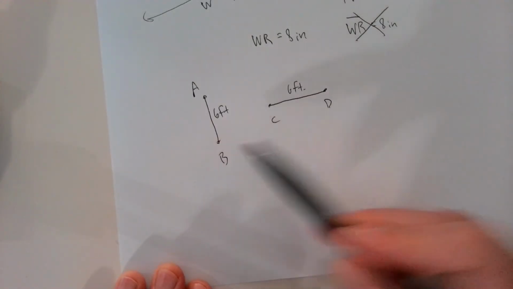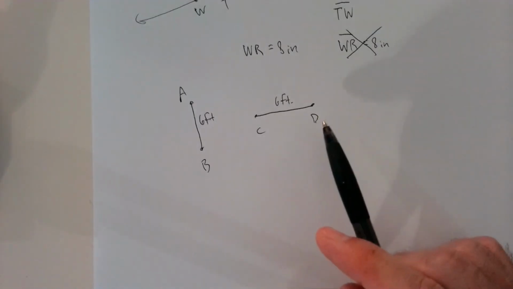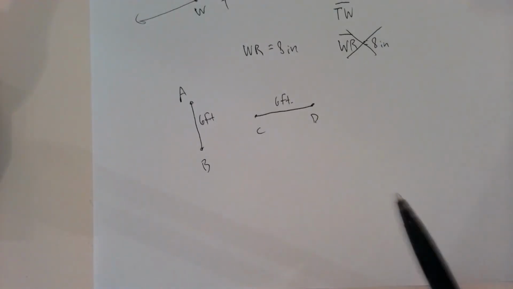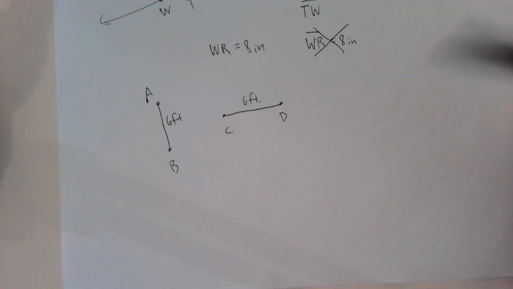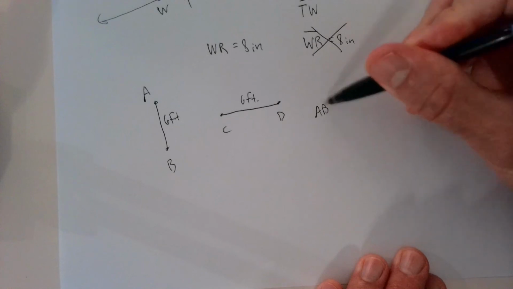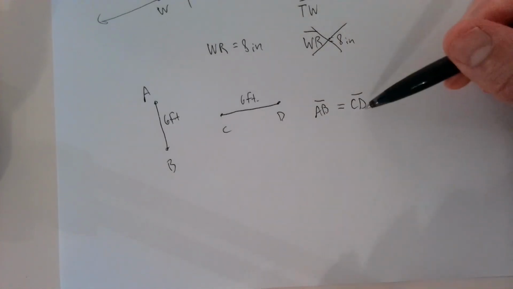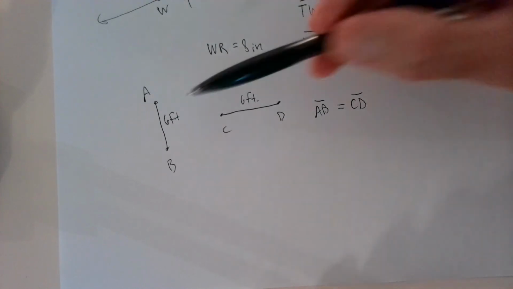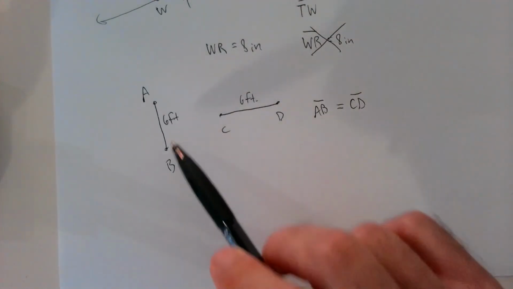Now, those are two different segments. Segments are not going to move unless we perform certain operations later, like at the end of the year. So they're stuck where they're at. So I'm not going to say segment AB equals segment CD. This actually does not make any sense. They do have the same length. They're not the same segments, but their lengths are equal.